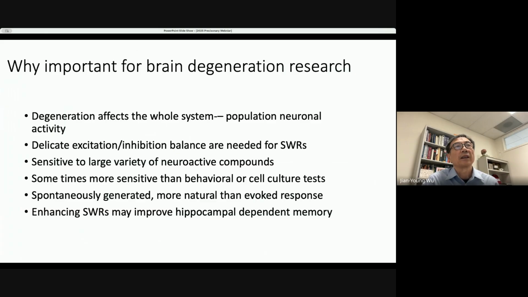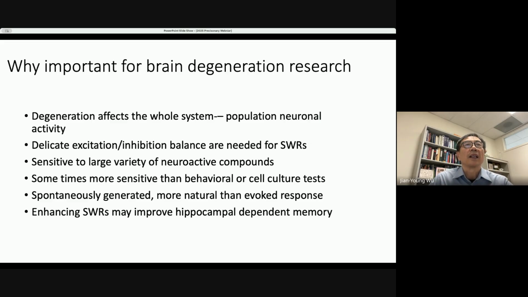And the second reason, I would say, is that generating a sharp wave needs a very delicate excitation-inhibition balance. We know the brain has to have a very balanced excitation and inhibition, so the activity won't run away, or if the inhibition is too strong, there is not much activity, right?